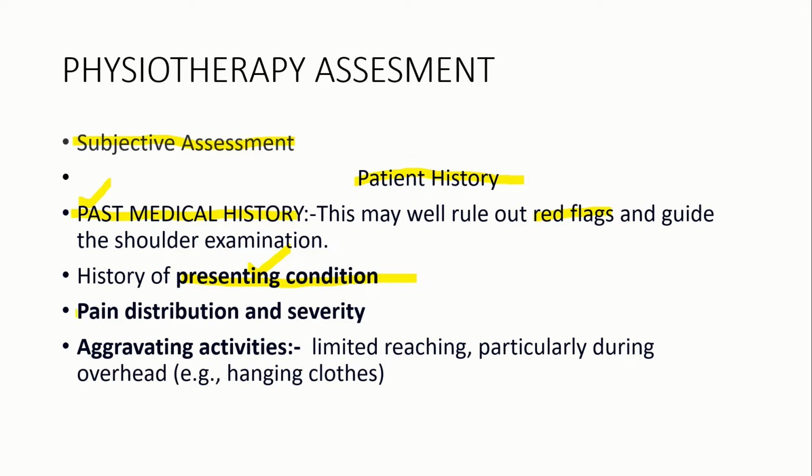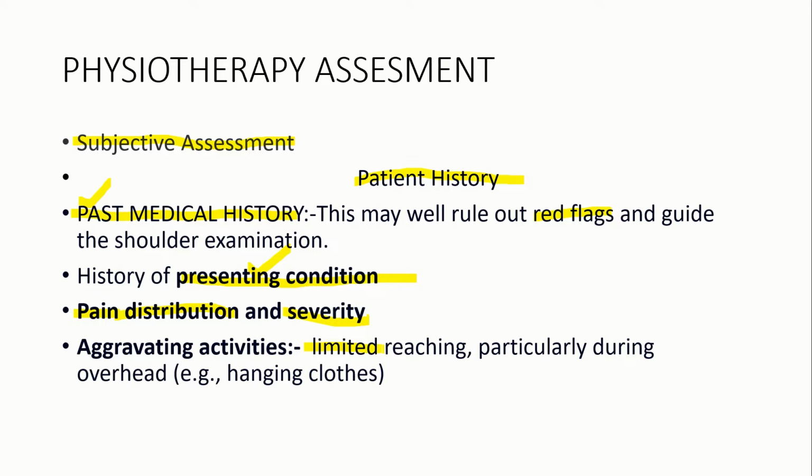Then comes the pain distribution and severity of the disease. In pain distribution, the patient with adhesive capsulitis will complain of lateral side shoulder pain and aggravating activities. For example, the patient will complain of limited reaching.